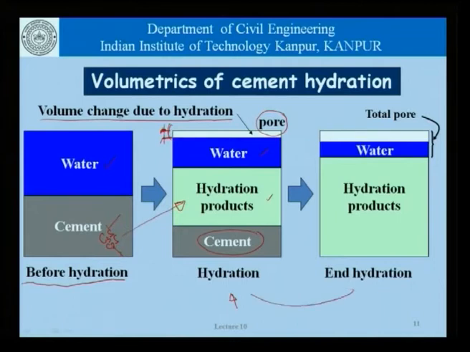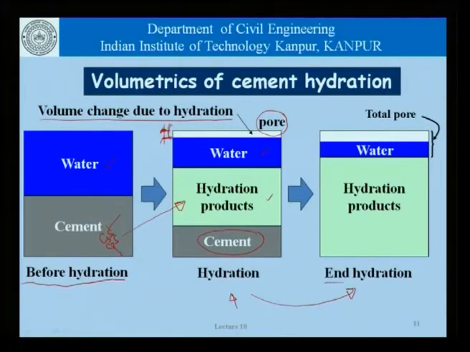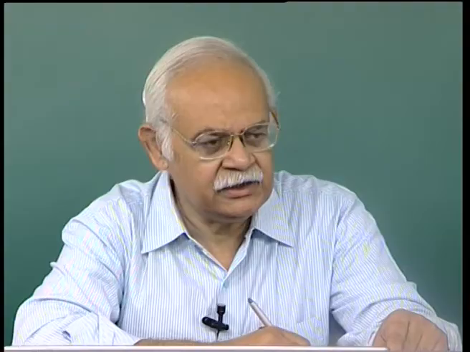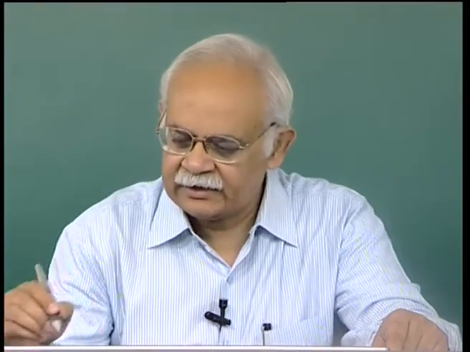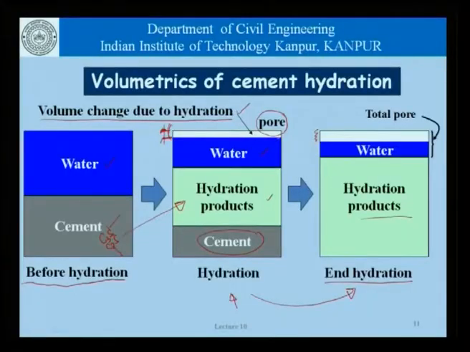As this hydration continues, we finally have a situation where the hydration ends and we do not have any unhydrated cement. At that point in time, the hydration products have all formed. This amount of pore space which is arising out of the changes in the volume of the reactants and the products has slightly increased from this level here to this level as shown, and this amount of water is the unreacted water which is still remaining in the cement paste.